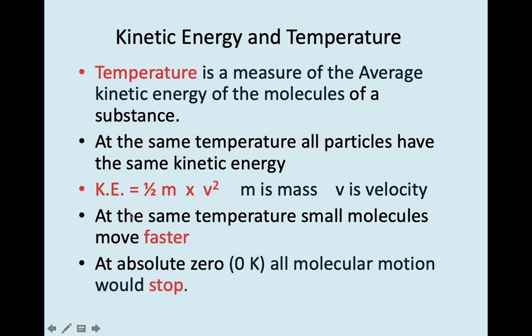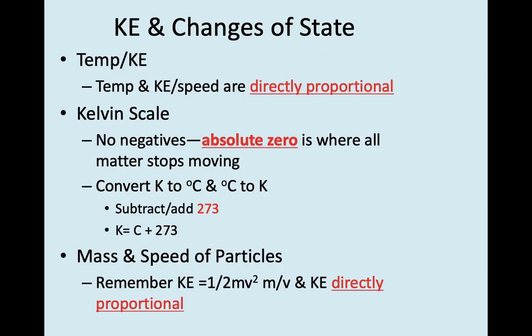And we need to know that absolute zero, this temperature called 0 Kelvin, is a temperature at which we say all molecular motion would stop, meaning these particles wouldn't be moving or bouncing into each other anymore. They would actually be still. So kinetic energy relates to our changes of states of matter. We said that temperature and kinetic energy are related to the speed at which something is moving, and so they're directly proportional.